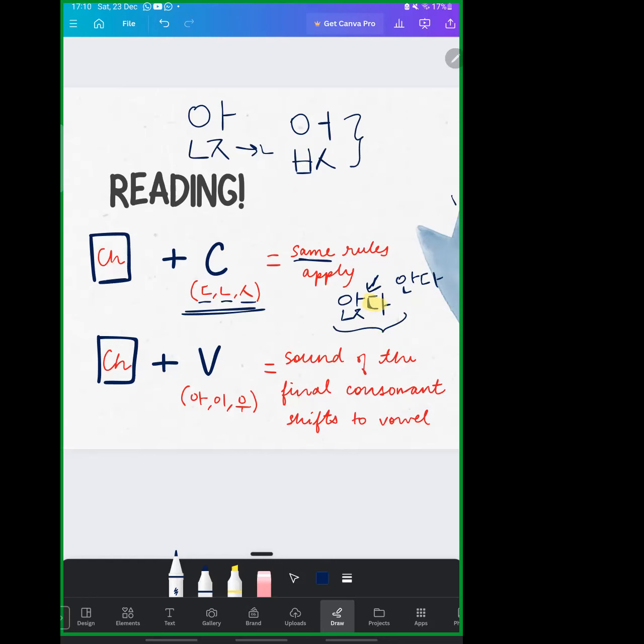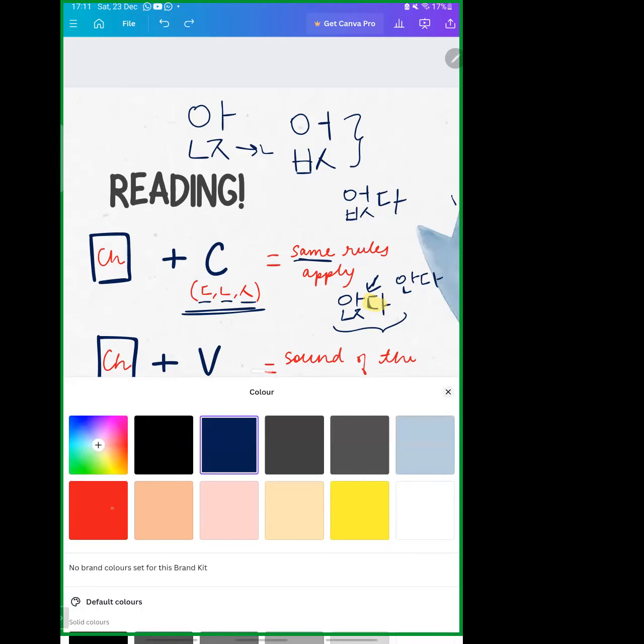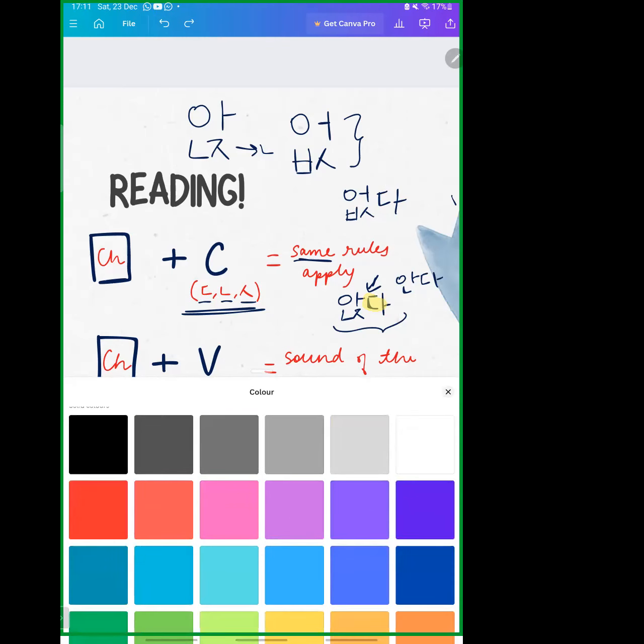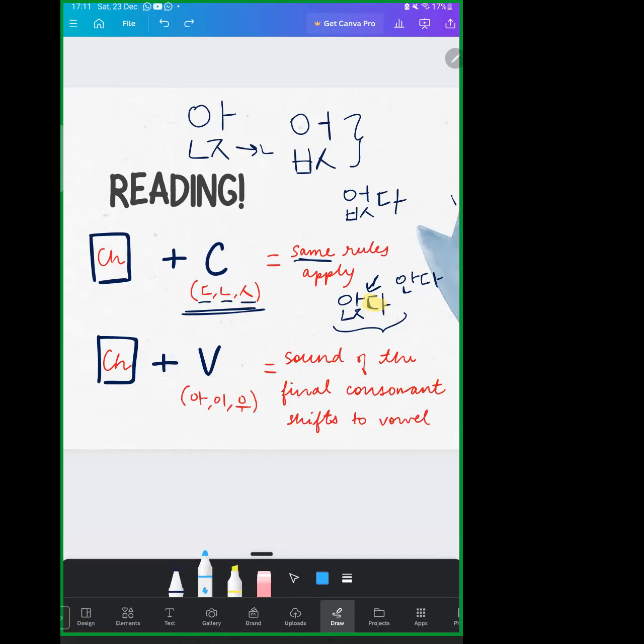Now, Sakshi, how will you read this? Which one, ma'am? One second. The one that I've circled in blue.